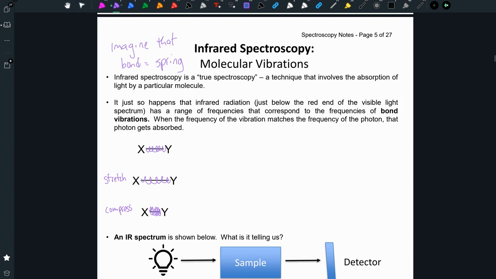So we're going to use nu for frequency. Light also has a frequency.